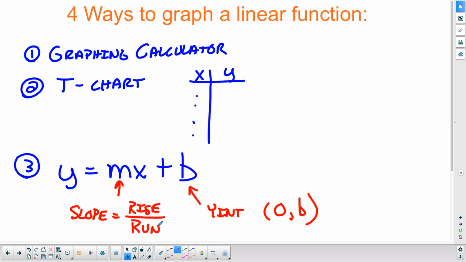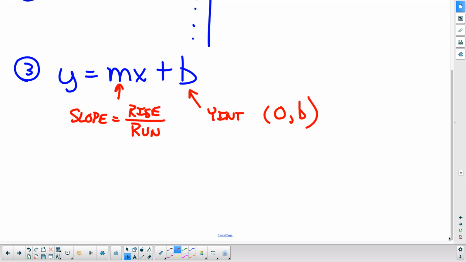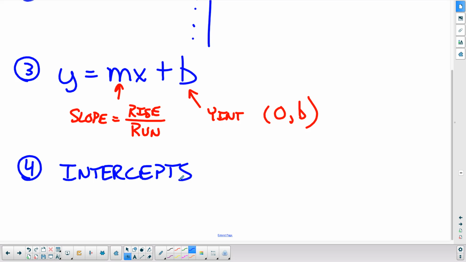The fourth way is you could do it the intercepts way. If you set x equal to 0, that's going to give you the point 0, comma, some number.